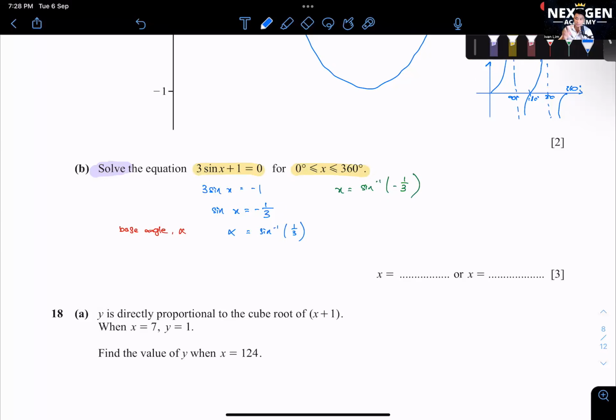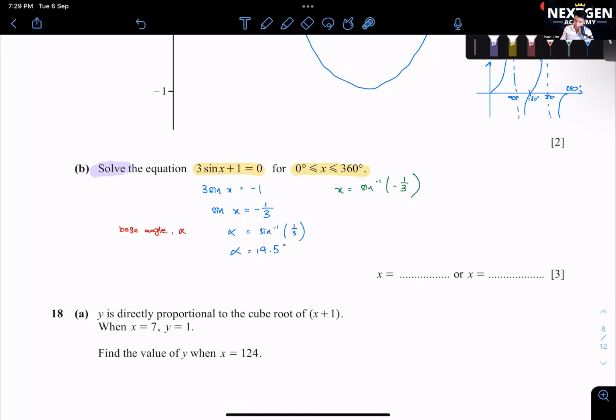For those who are using MS calculator, please put it into a bracket. You'll get 19.5 degrees. If you put in the negative value, immediately it will be wrong already. You won't get any value.